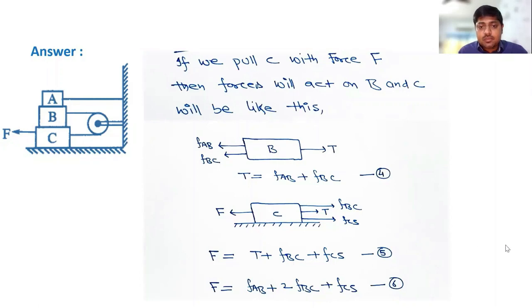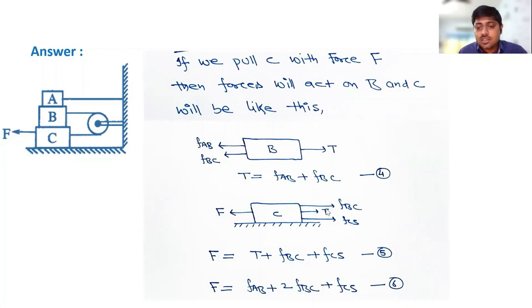Further, for the lower body C, here we are applying this force F in this direction. Correspondingly, there will be two frictional forces, one because of the surface friction between B and C, and one because of the friction between C and the bottom surface, that is FCS.